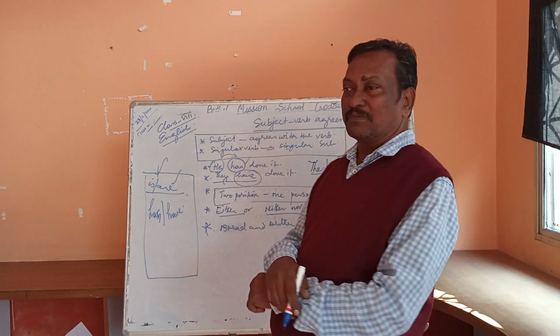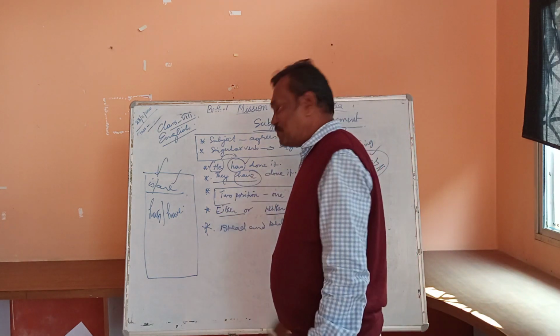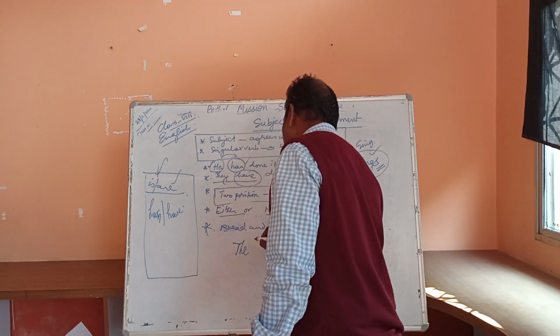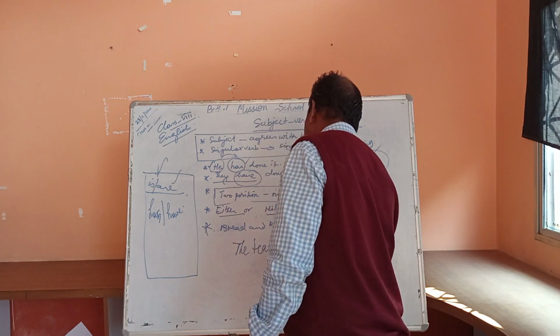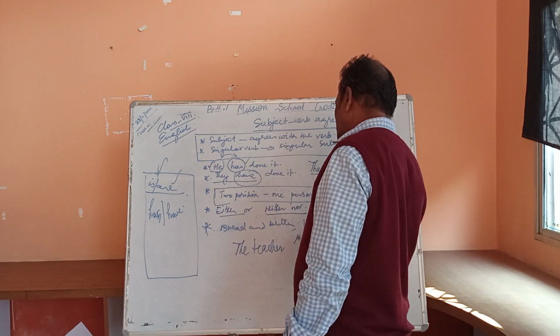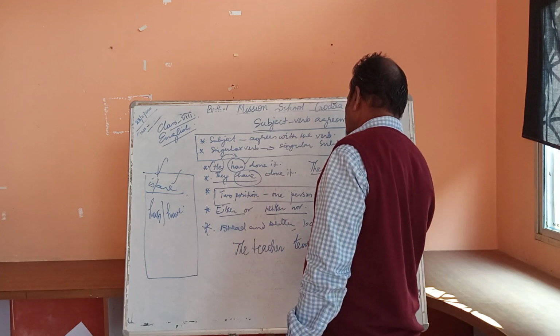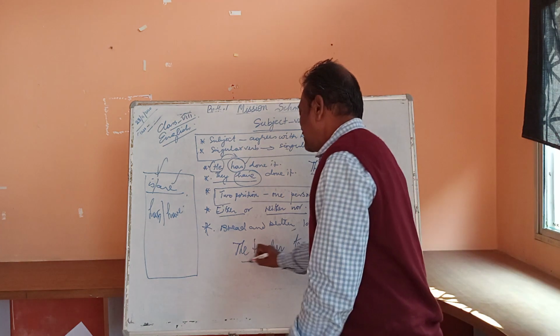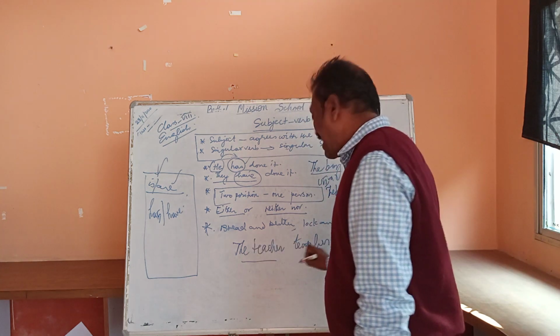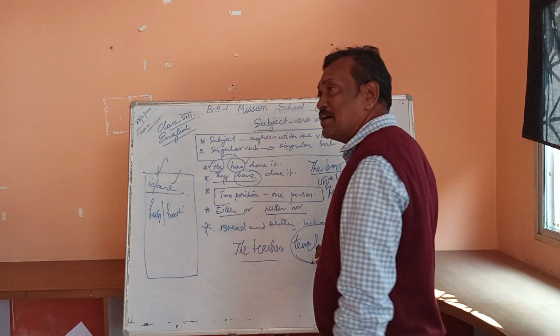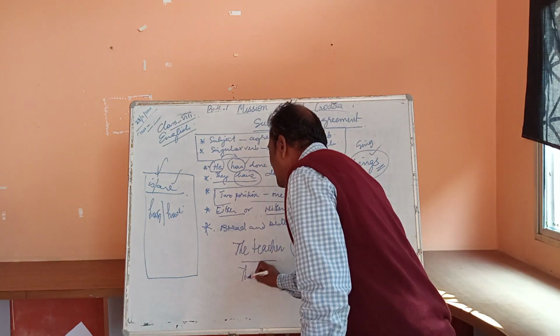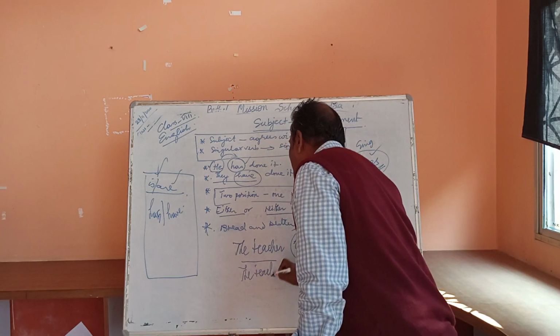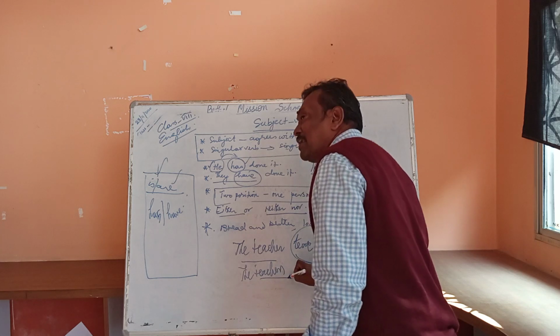Now, let me give you some more examples. The teacher teaches. The teacher is a singular subject and teaches is a singular verb. But if I change the subject into plural, teachers, this is plural.